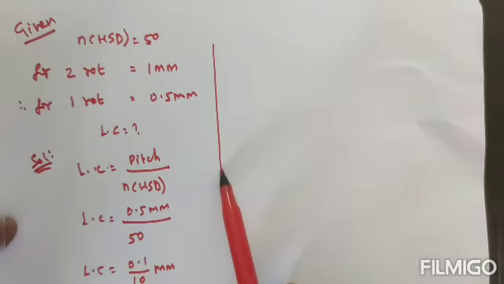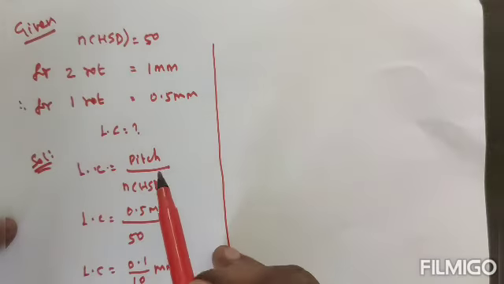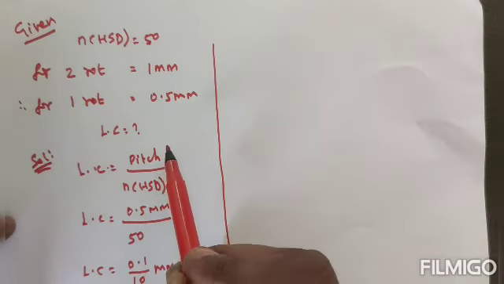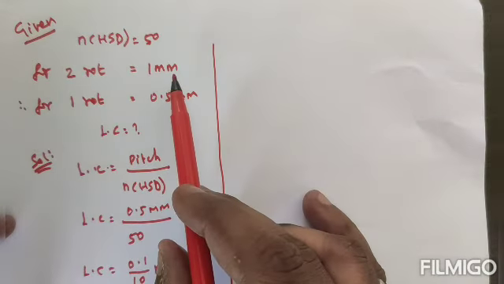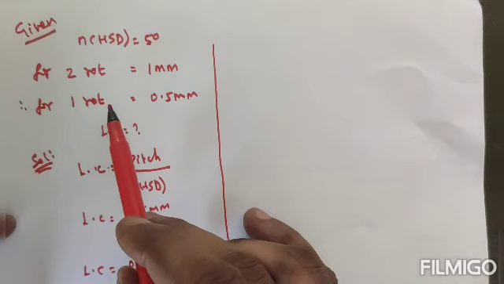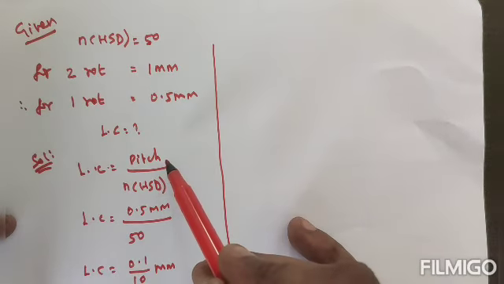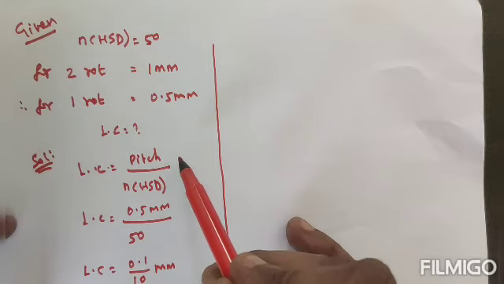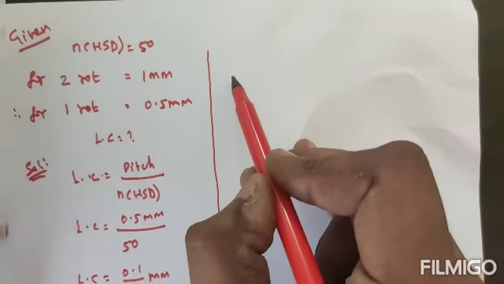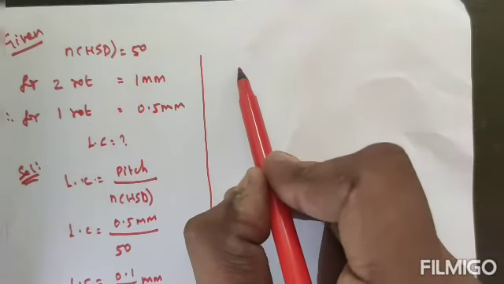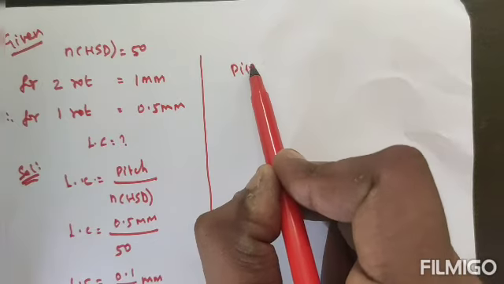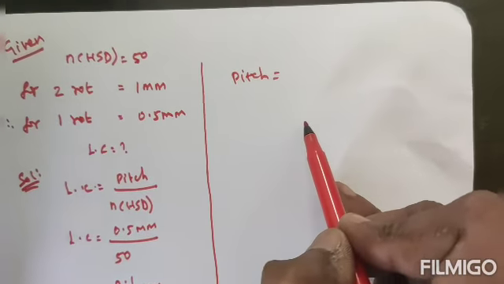So the same question I'll do one more way. Actually for 2 rotations it is 1 millimeter, for only 1 rotation 0.5 millimeter. That only I consider as the pitch value. Suppose I am going to find the pitch value with the formula. So how to find the pitch value?